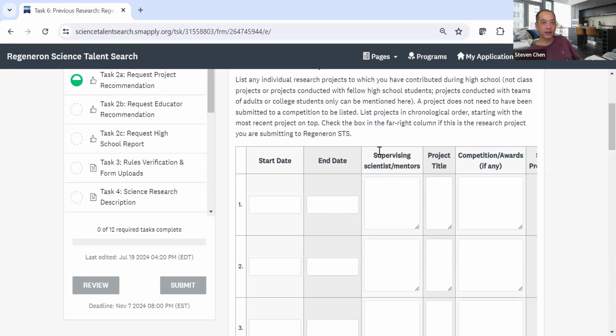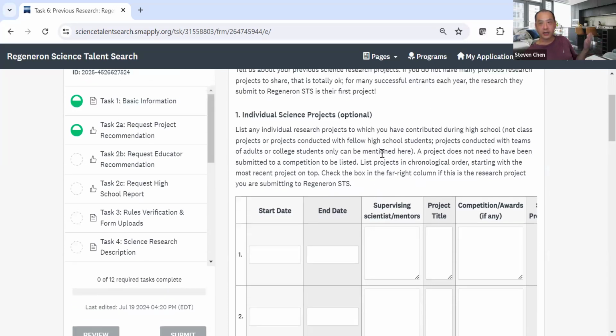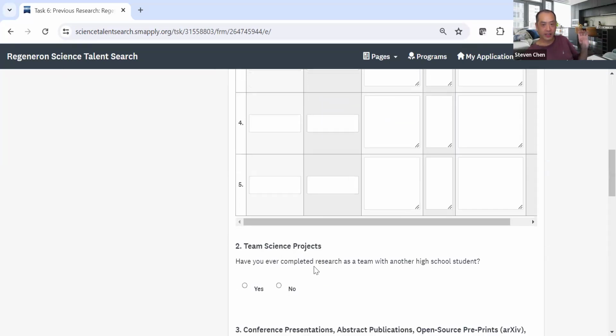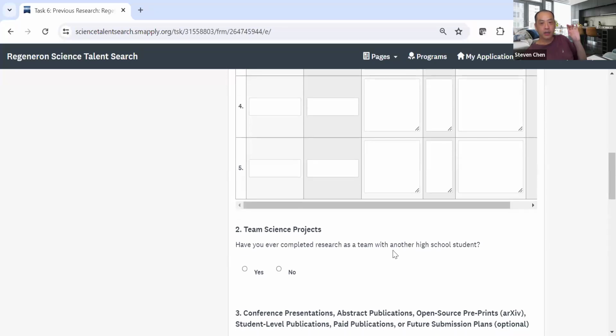That is okay. For instance, if I did research under the supervision of a professor, that is totally fine, no problem. This is called individual science projects. This is used to distinguish from team projects, in the sense that a team refers to other people on a team who are high school students.